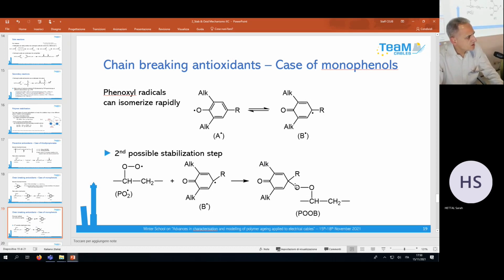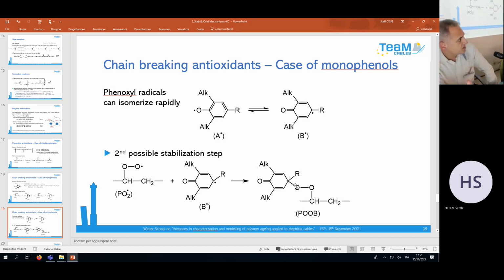We have looked in the literature at publication results of HPLC, and by HPLC they determine the quantity of 1010 grafted to the polymer, because they cannot solubly recover the antioxidant to analyze it by HPLC.